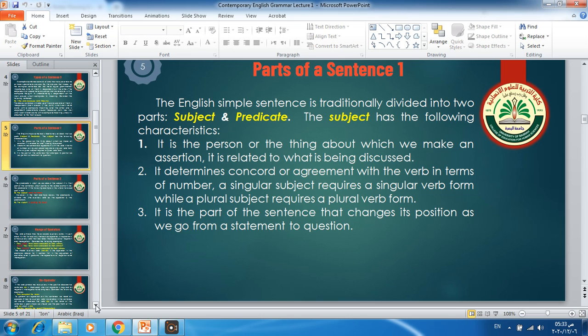The subject determines concord or agreement with the verb in terms of number. So a singular subject requires a singular verb form, while a plural subject requires a plural verb form. And the subject is the part of the sentence that changes its position as we go from a statement to a question.